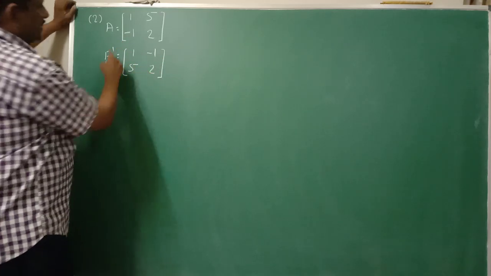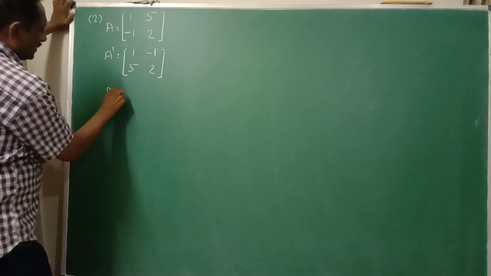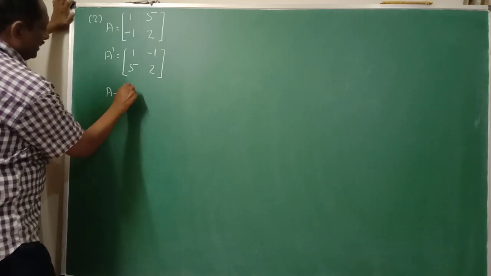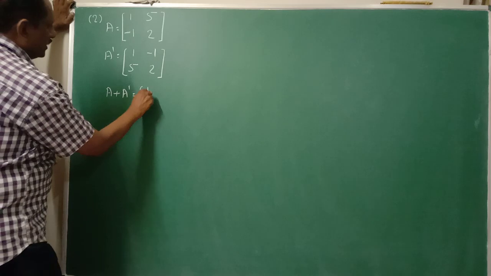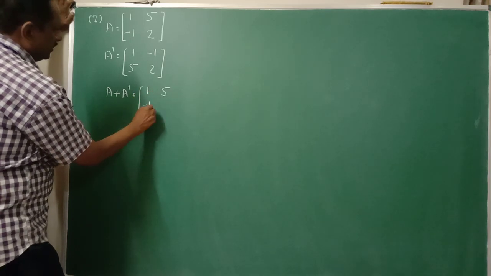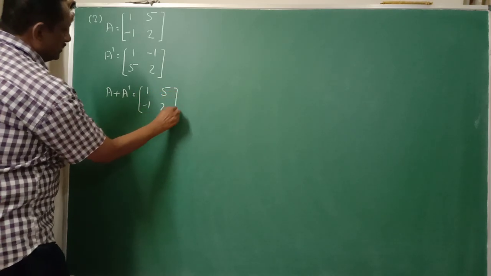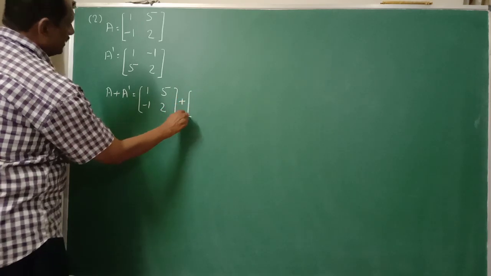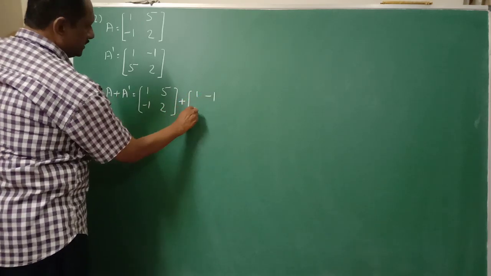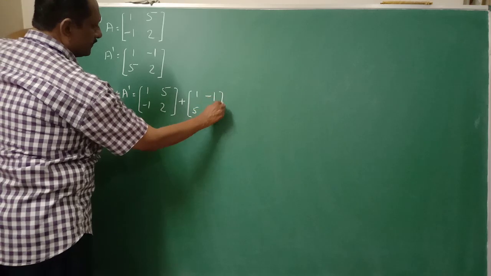Then add it. A plus A dash is equal to 1, 5, minus 1, 2, plus 1, minus 1, 5, 2.